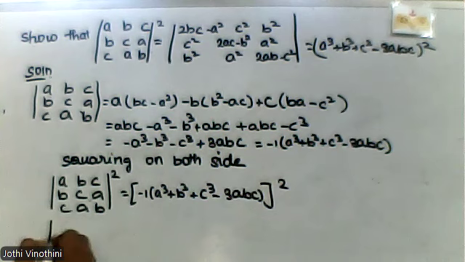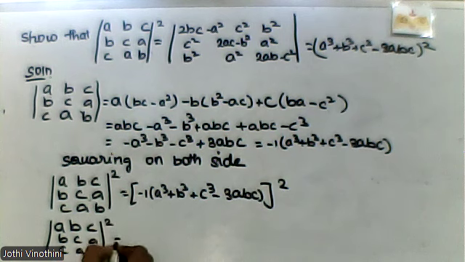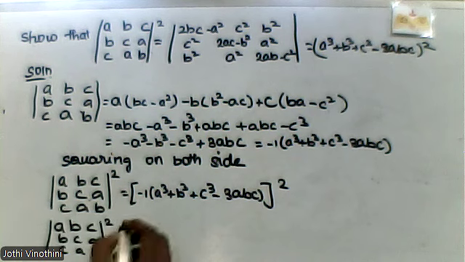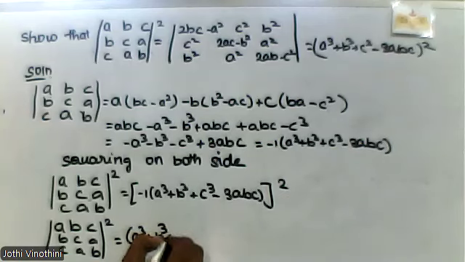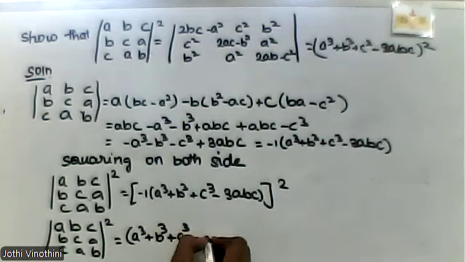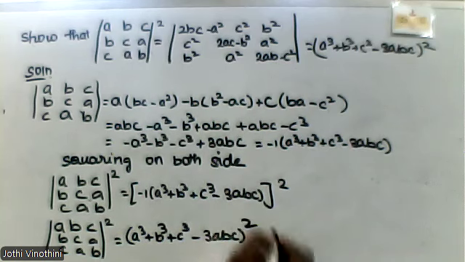So we will get ABC, BCA and CAB the whole square, which equals, while squaring the minus 1 we will get plus 1. So I am going to keep the square on this side as it is. So it will become a cube plus b cube plus c cube minus 3abc the whole square.